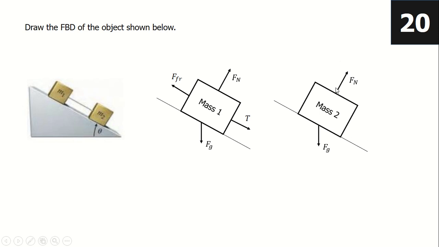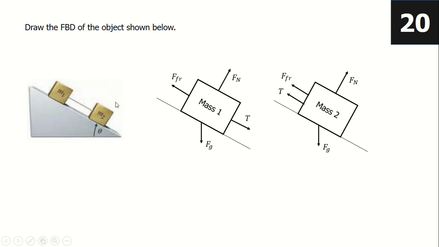Mass 2, okay, the same. We have the normal force and the gravitational force. The tension here, it's getting pulled upward by mass 2. Okay, so the tension on mass 1 is the same tension present on mass 2. So since it's pulling mass 1 with it, it's slowing its acceleration.